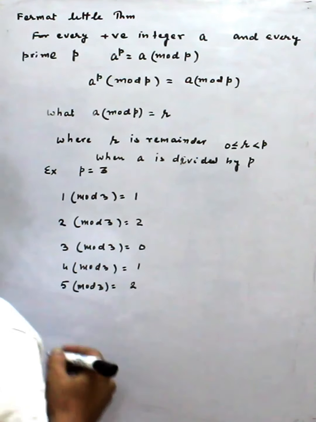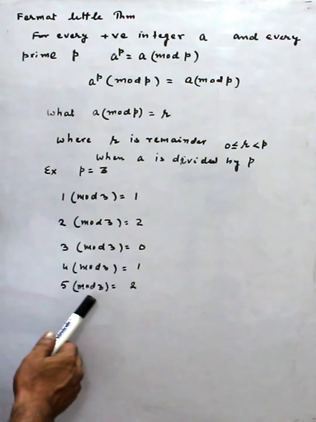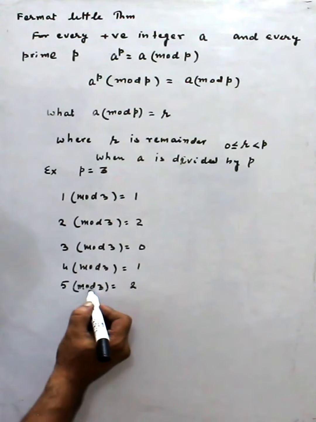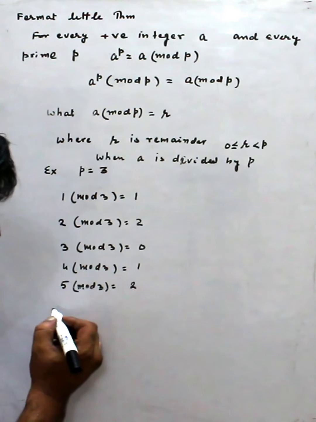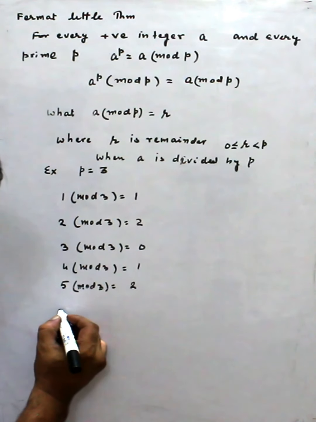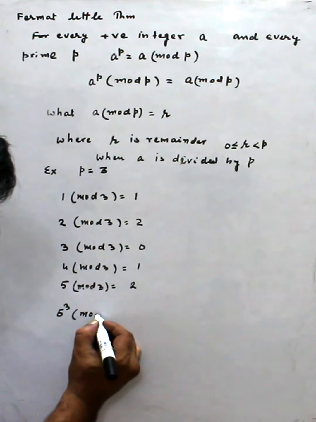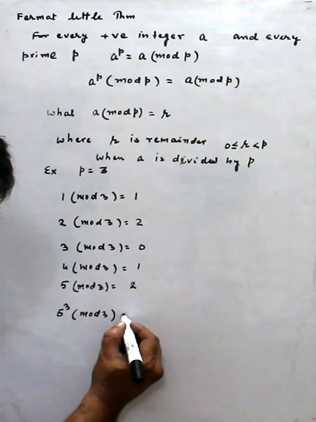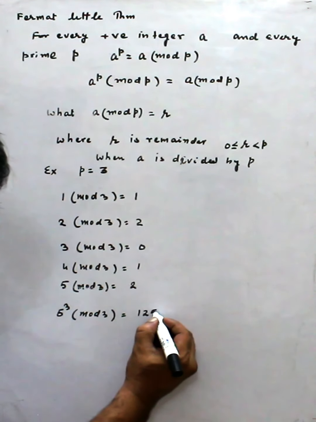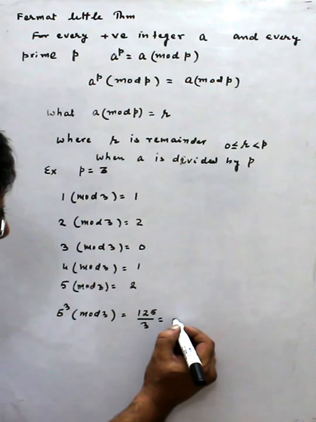So if we want to check whether it is true or not, 5 mod 3 is equal to 2, and if I raise it to the power p, that means p is 3, and I take mod 3. So 125 divided by 3, what do I get?